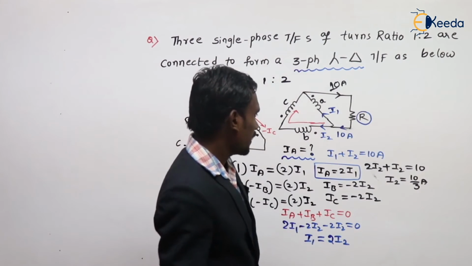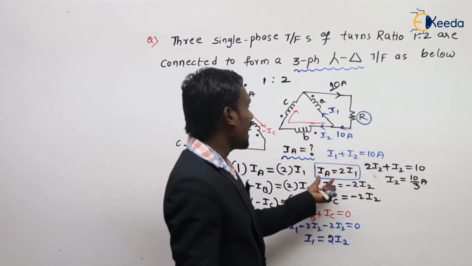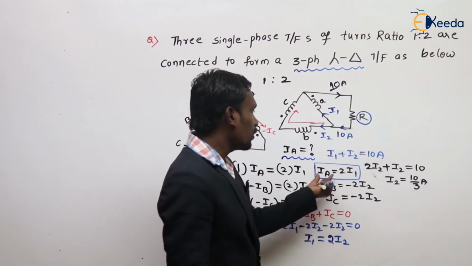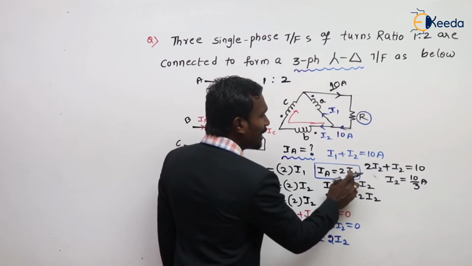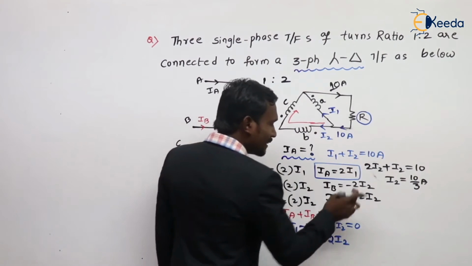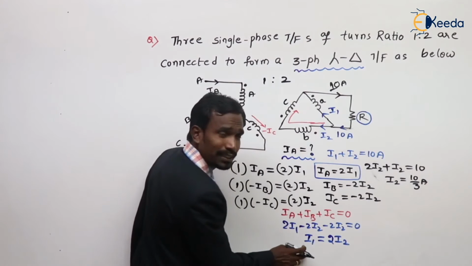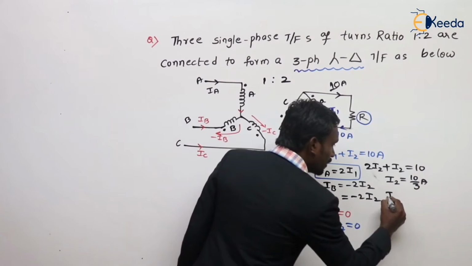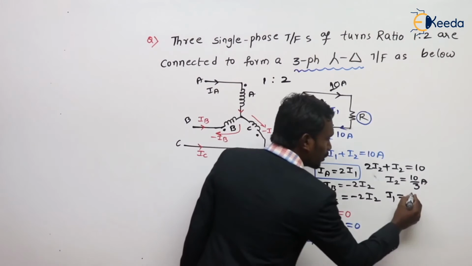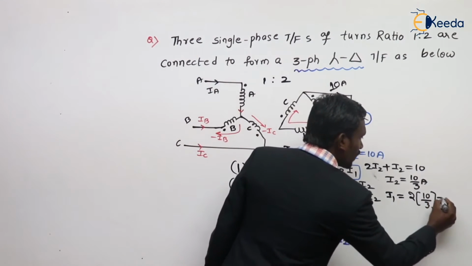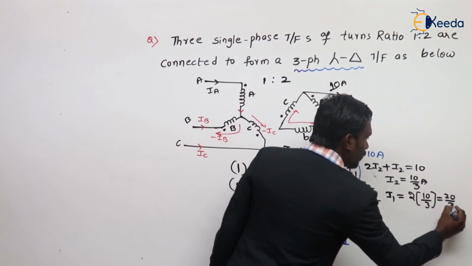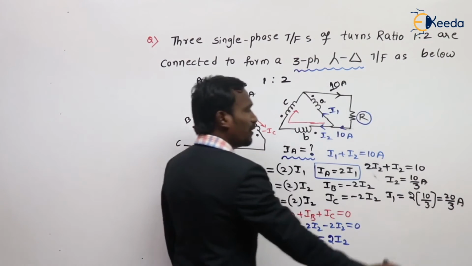Of course, can you tell me what is IA? We have to find out IA. But to find out IA, we should know I1. How can we get I1? I1 can be got by this equation. So I1 is equal to 2I2, 2 times I2. That is equal to 20 by 3 amperes, that is I1.